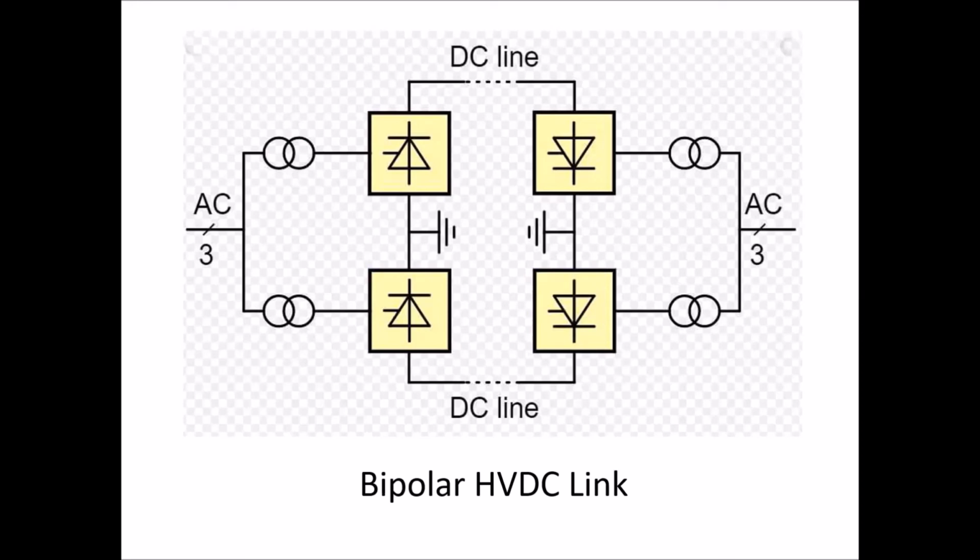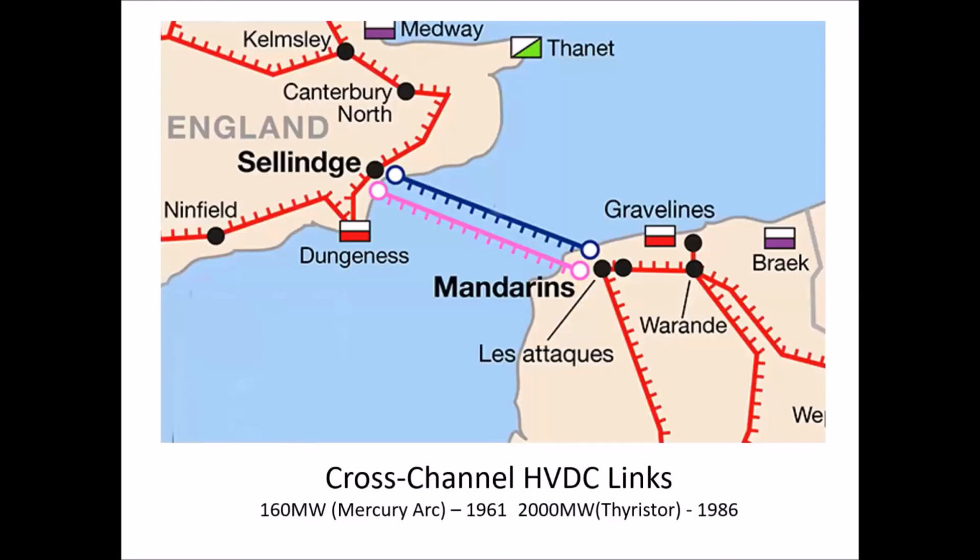But it is possible to take our three-phase AC, produce DC, send it across the channel as DC, and at their end, convert it back to 50 hertz at the right phase to connect to their network. And so here is a picture that shows you the links we've got at the moment.